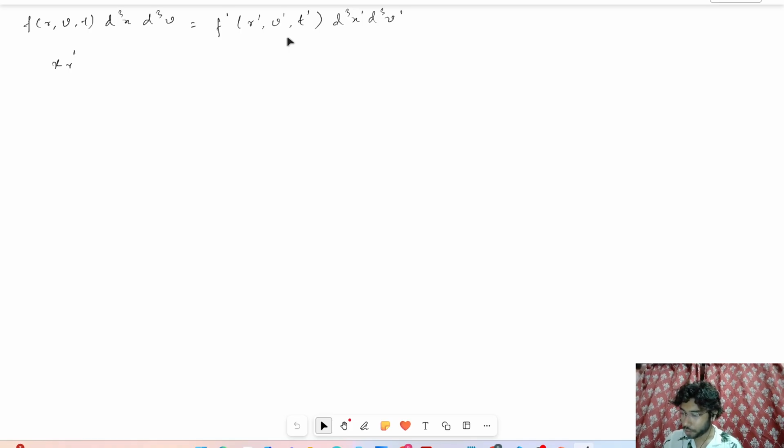So how does xr change? I am writing the subscript r because we are considering different coordinates over here. So this is how the xr prime and the vr prime, basically the x and the v coordinates, change with time.